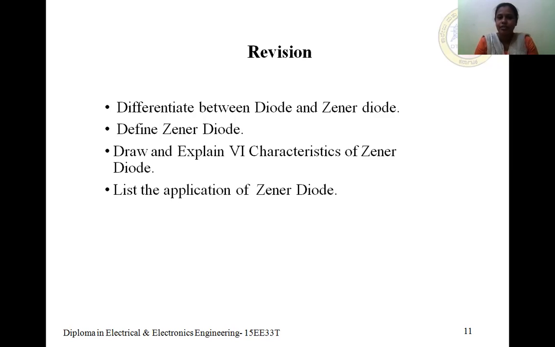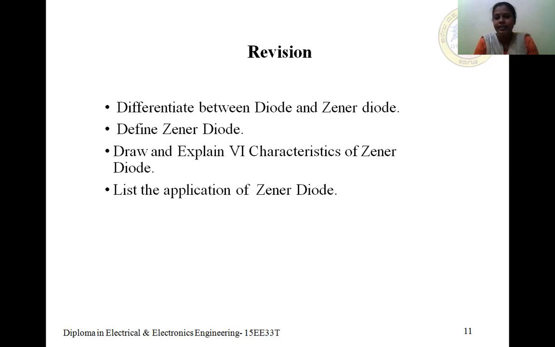Next question is draw and explain VI characteristics of Zener diode. As I explained, we have plotted the VI characteristics, that is voltage and current characteristics, for the Zener diode. In the forward biased condition, the graph is similar to an ordinary PN junction diode. In the reverse biased condition, initially a small current flows, then suddenly there is an increase in current.